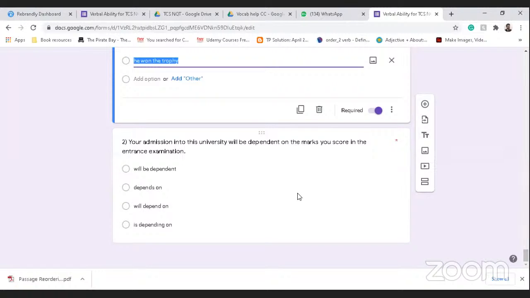Now see, here we are talking about a condition. The condition is mentioned here. That's why we will not say depends on, we'll say will depend on. Your admission into this university will depend on the marks you score. There's a condition. Whenever there is a condition, we use will. That's one of the usages of will. So, will depend on.